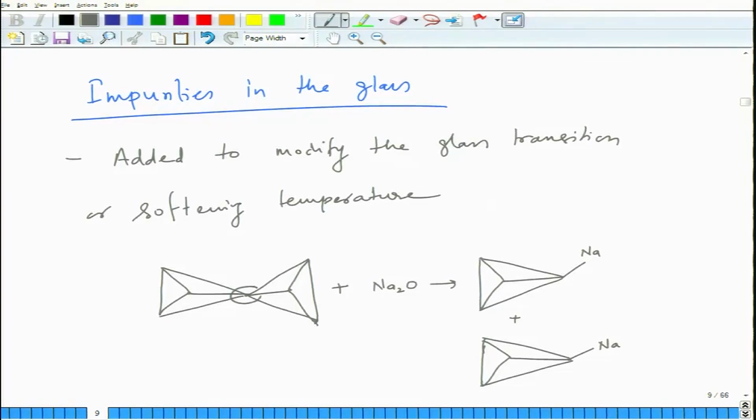This is the bond which gets broken by addition of, for example, sodium. So, sodium is a glass modifier or a network modifier. This is how it is going to change the viscosity of glass. The same purpose is achieved by adding various other elements, which we will look at in the next class.